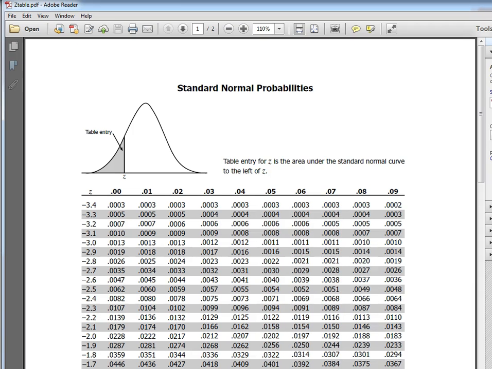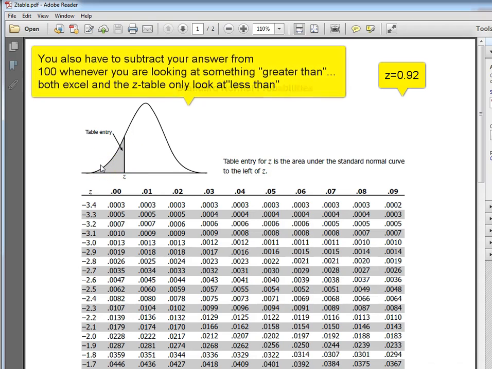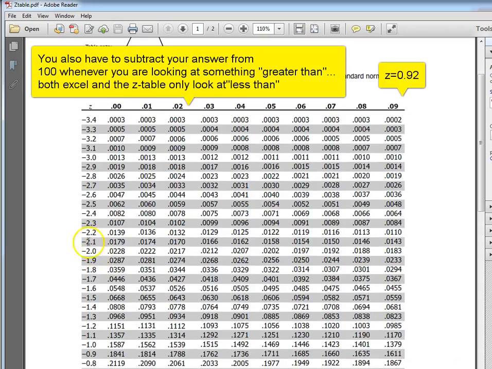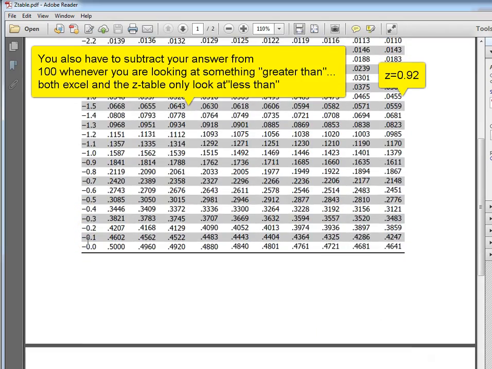So now let's go to our z-table to find what percent of men fall above this z-score. The tables actually give us everything that's below a z-score, so we'll have to subtract from 100 for our answer. To start, the first page gives us only negative z-scores, so you can see that these are all negative.